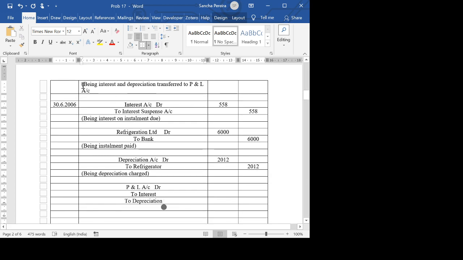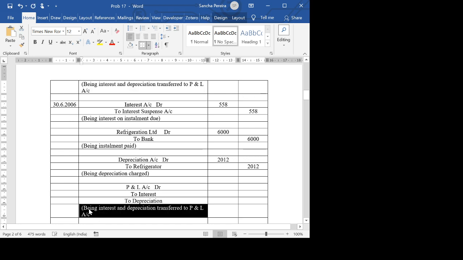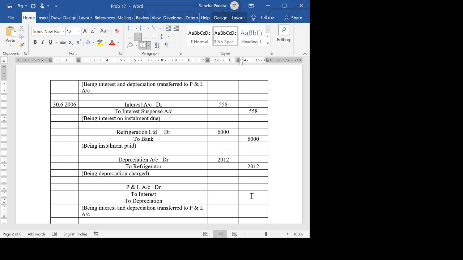Just copy the narration. The interest is 558. Depreciation is 2012. So the total here becomes 2570.